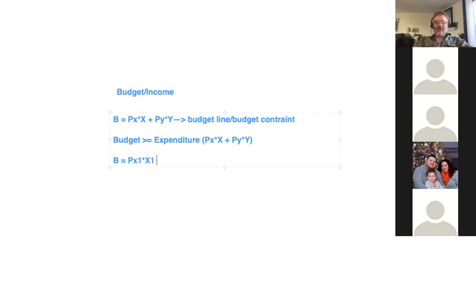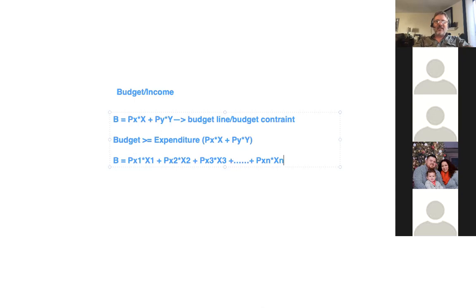So there's the price of X1 times the amount of X1, plus the price of X2 times the amount of X2 you'd purchase, plus the price of X3 times the amount of X3 you'd purchase, plus dot, dot, dot, plus the price of Xn, which is some big number, right? Times the amount of Xn you'd purchase.